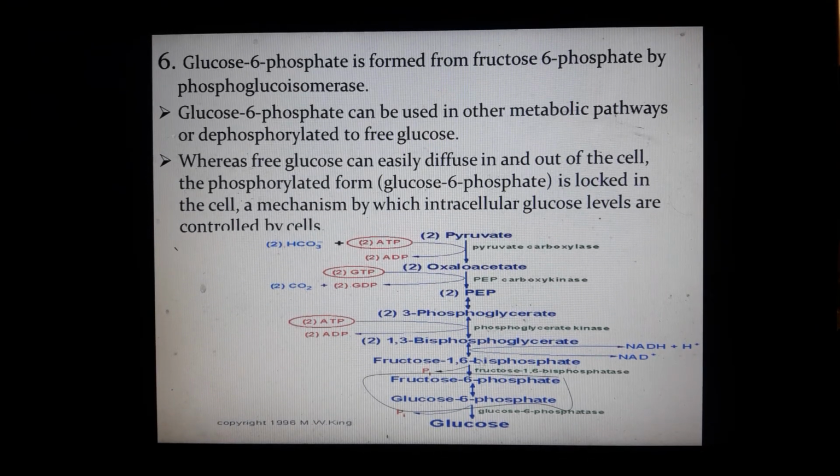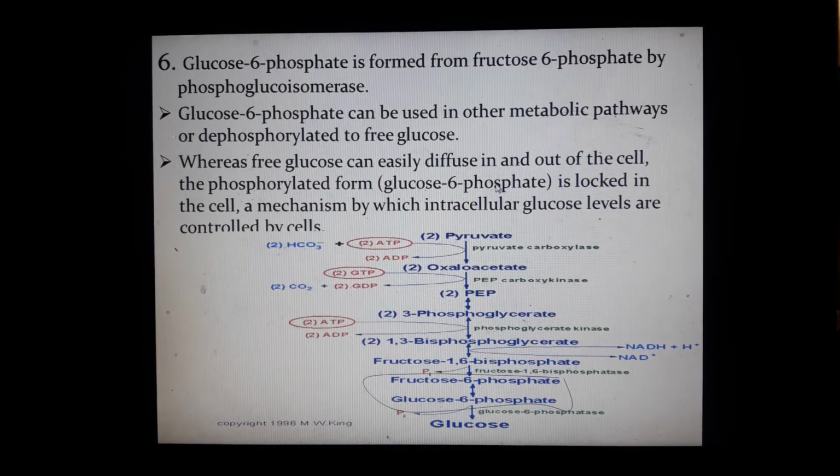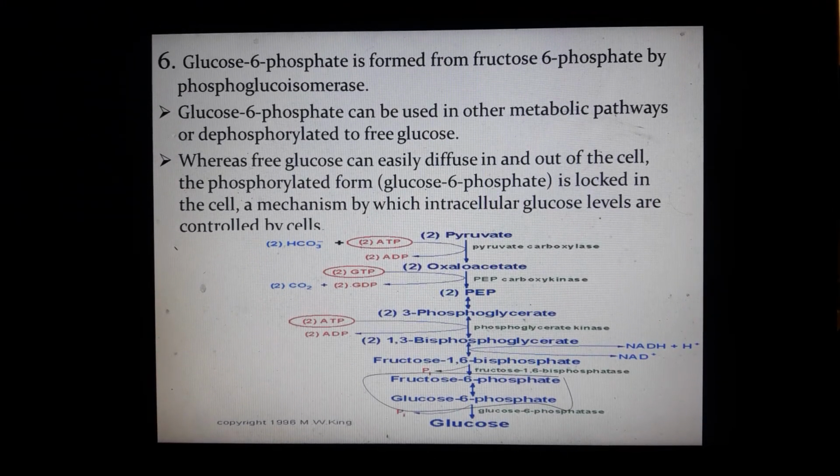So meaning this number 6, the fructose 6-phosphate, okay, is converted to glucose 6-phosphate. That is step number 2 of glycolysis, and this is step number 6 of gluconeogenesis. Okay? So this glucose 6-phosphate will be locked inside the cells, and then converted into glucose.